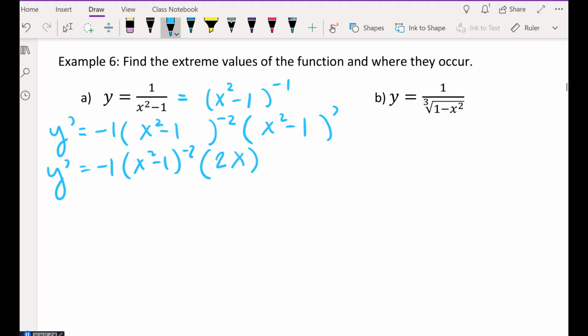Yay, nay, maybe so? Yay. Then I'm going to rewrite it. Y prime equals, on the numerator, we'll get a negative 2x. On the denominator, we'll get x squared minus 1 to positive what power? 2. Take it and set it equal to 0. First, identify where the derivative does not exist.